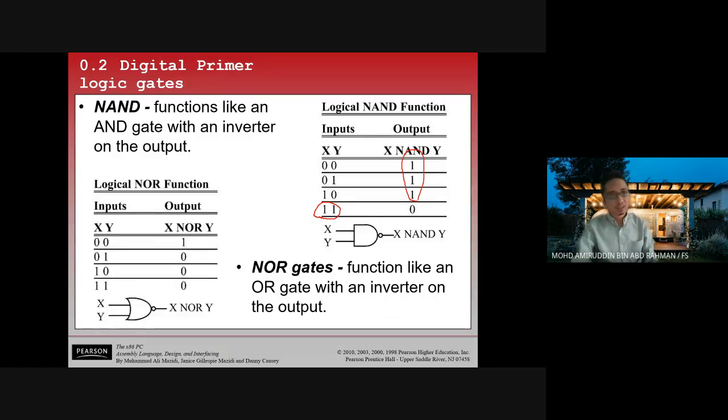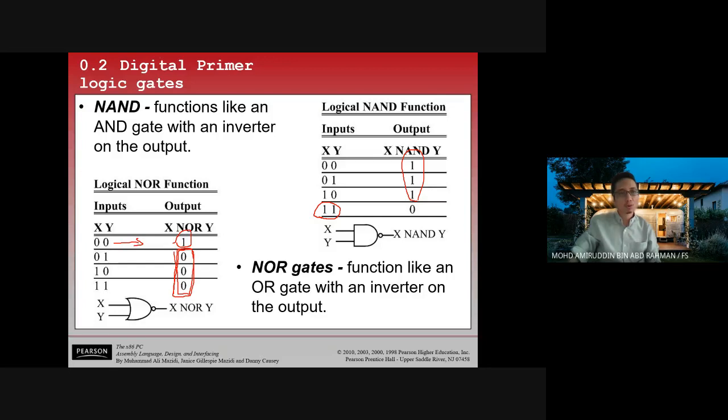Okay, and then you look there, we have OR, XOR, and now you have NOR gates. So for NOR gates, the function is just the inversion of the OR gate. So for the OR gate, you have 1 as the output for all of those combinations and 0 for 0 input.